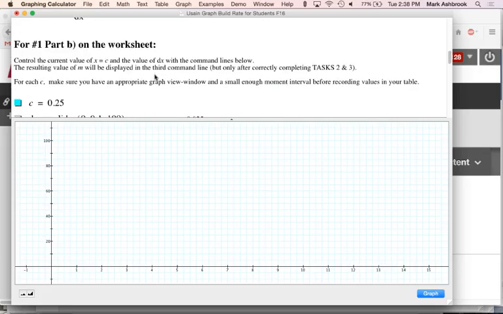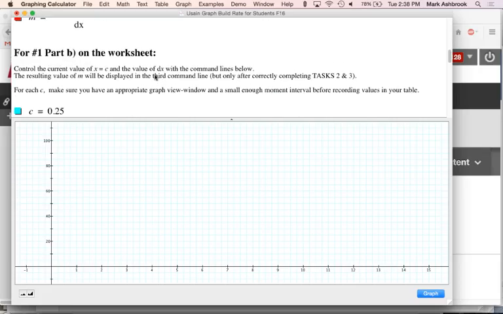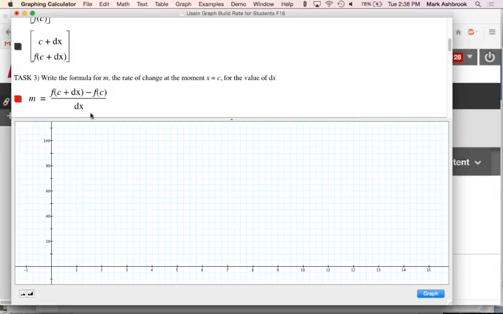All right, so now you're ready for 1b, which is one row at a time. You're going to make this table, but because we've just set up the formula, as soon as we have a value of c and dx, it's going to just give us m. We don't have to do any punching, right? It's going to give us m for any value of c and dx.